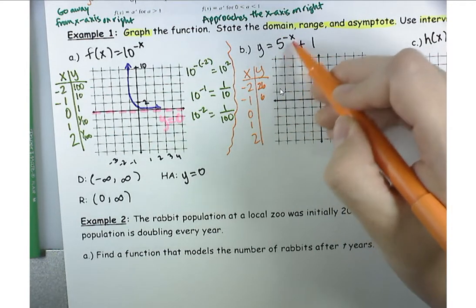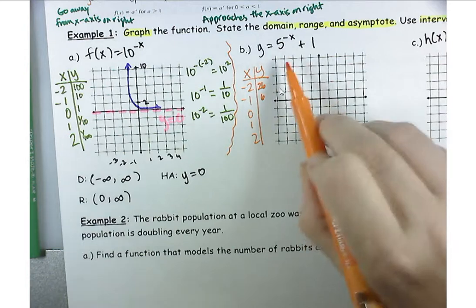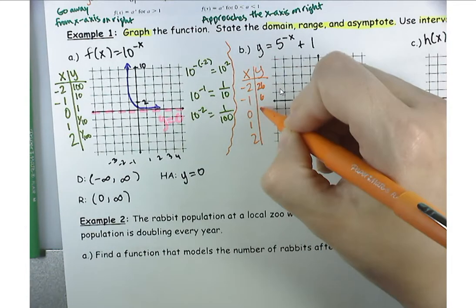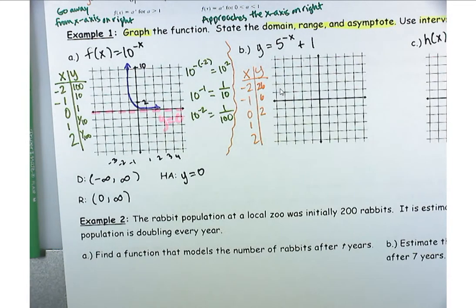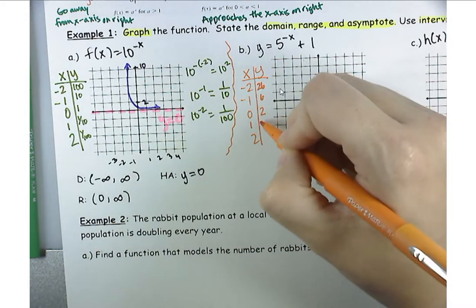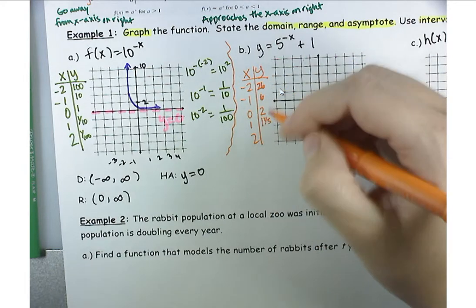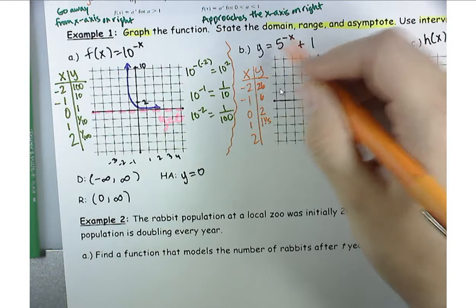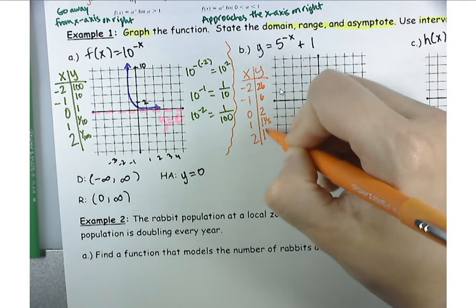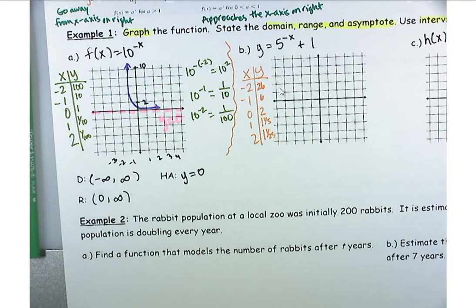Anything to the 0 power is 1, but then I have to add my other 1, so I will have 2. 5 to the negative first is what? 1 over 5, so plus 1 would be 1 and 1/5. And then for 2, it'd be 1 over 25, so this would just be 1 and 1/25.